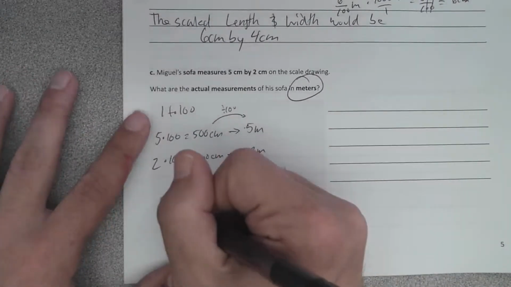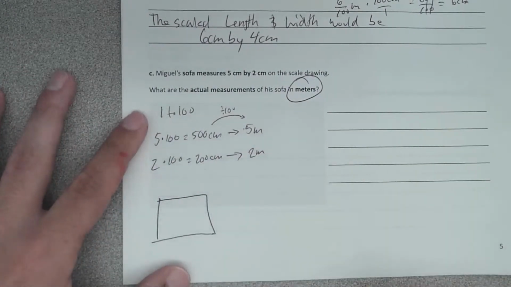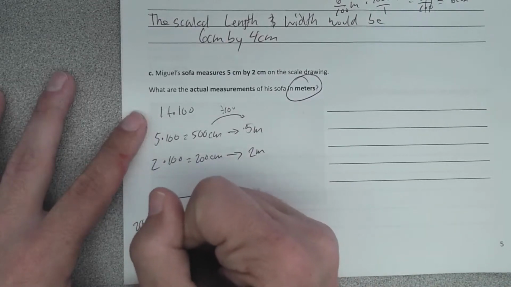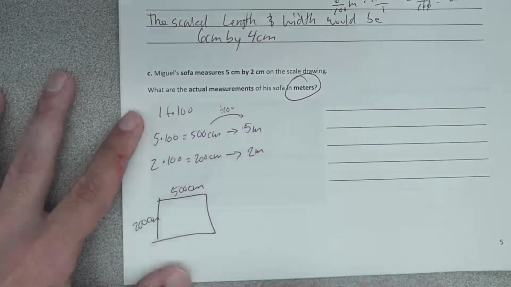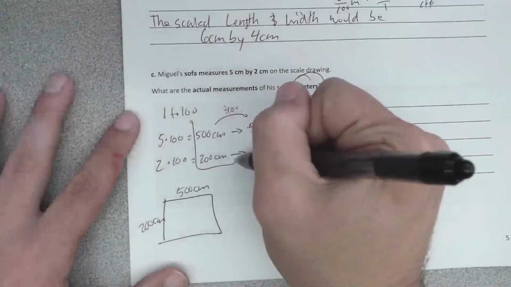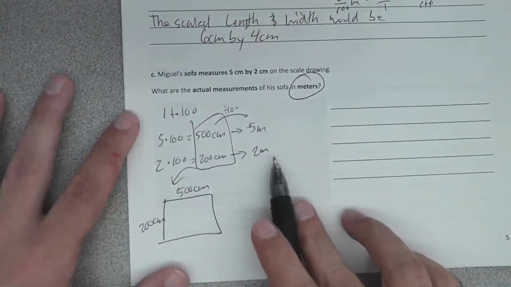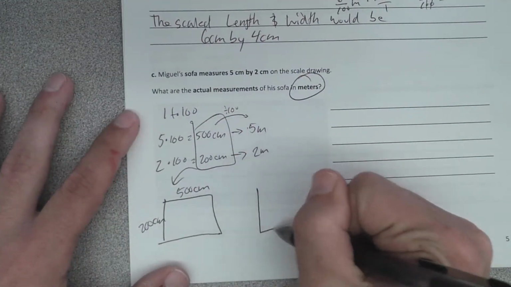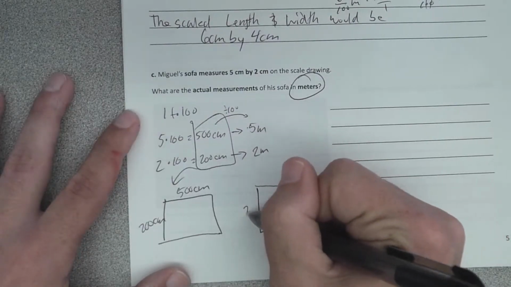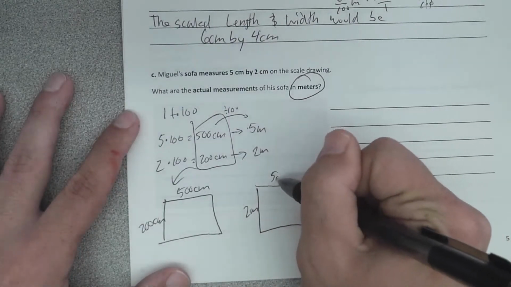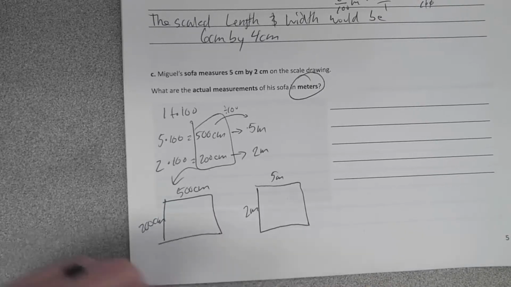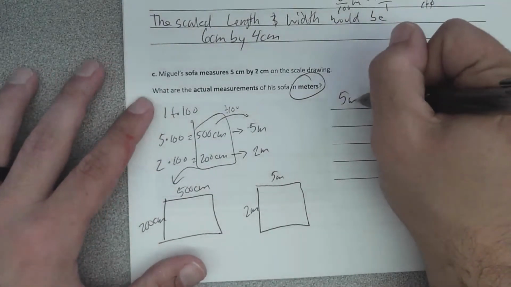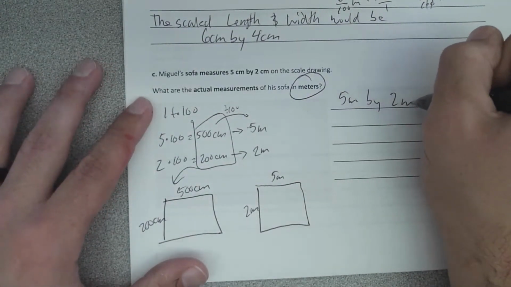And so if you guys drew this out as 200 centimeters by 500 centimeters, that's okay. That's just the measurements that you got here. But if I wanted to draw it in meters, again, we divide by 100. This would be 2 meters. That would be 5 meters. Bada bang. And that's all this question wanted. So we would say it's 5 meters by 2 meters.